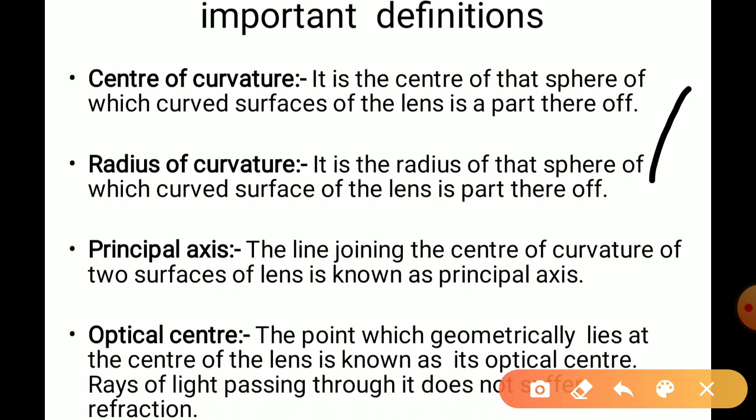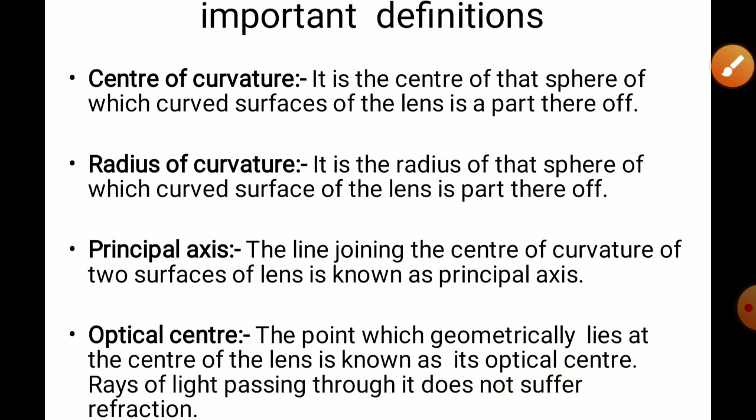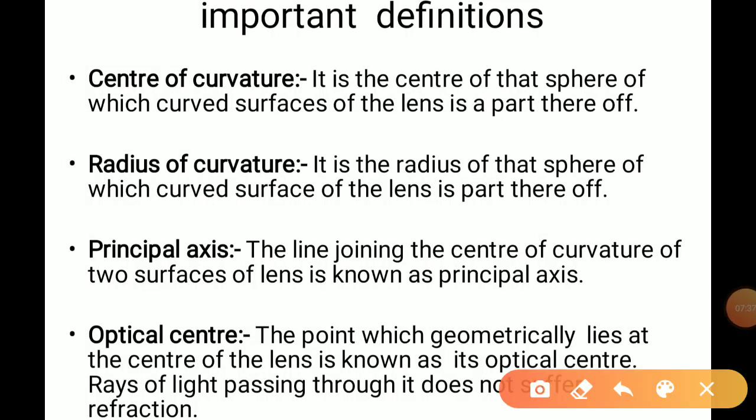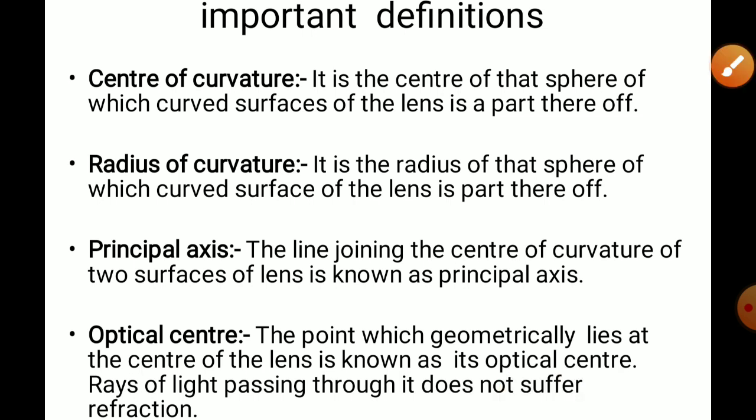Optical center: the point which geometrically lies at the center of the lens is known as its optical center. Rays of light passing through it do not suffer any refraction.